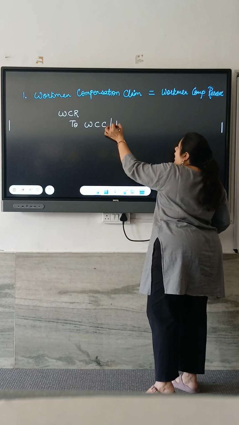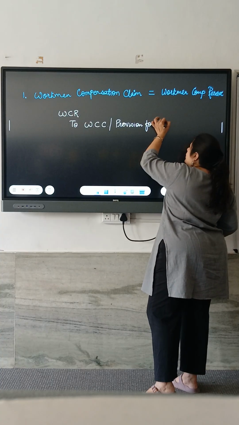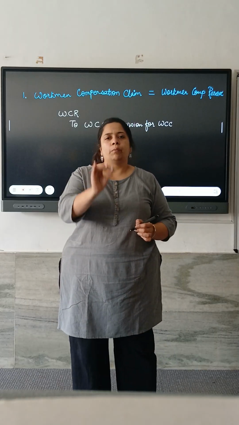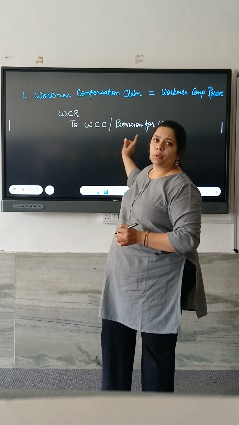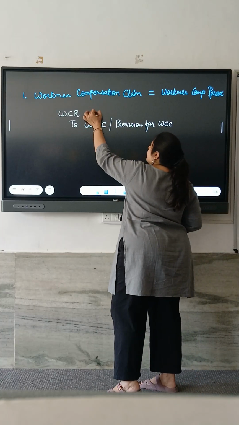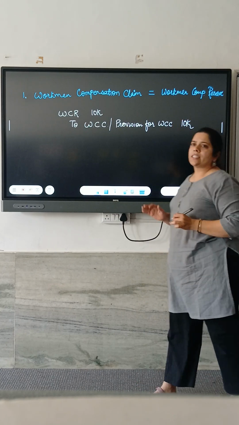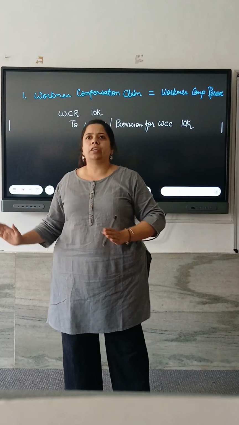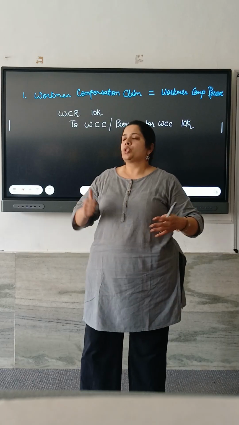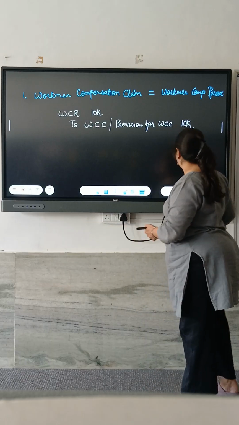You can also call it Provision for Workmen Compensation Claim. So WCR, which is a reserve account, will be shifted to a provision account. We call it the WCC account. So WCR 10,000 will be debited and WCC or provision for WCC will be credited with the same amount. Basically, you are shifting the reserve to a provision account. You have not paid the amount to the workers yet, so never credit the bank account. You are going to credit the bank account only when the payment takes place.